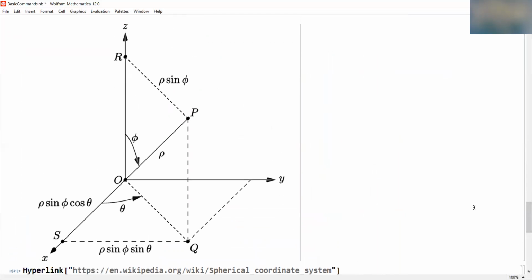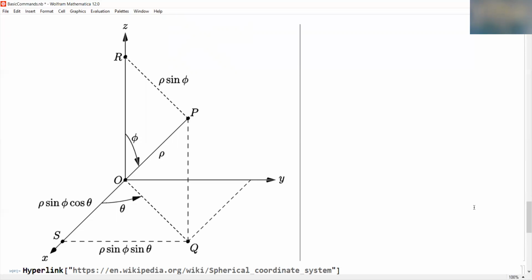The radius, rho, goes from 0 all the way up to infinity, and it's always going to be a non-negative number. What about phi? When you're coming down from the z-axis, how far down can you come? 0 to pi. Because you're not going to come all the way down and then come back up. If you have a giant sphere, once you go down 180 degrees or pi radians, you're at the South Pole.